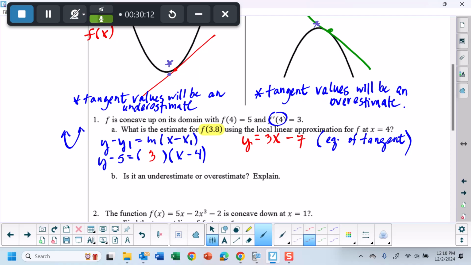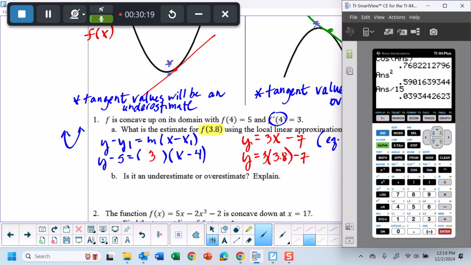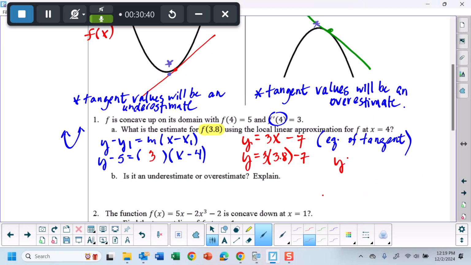So I can say y is equal to 3 times 3.8 minus 7. And I can estimate on that graph that my output would be 4.4. If I didn't know the equation of my curve, I can use my tangent super close and have that be an estimate. So my y is estimated to be 4.4.